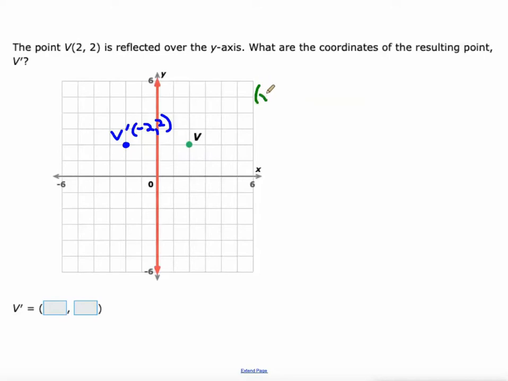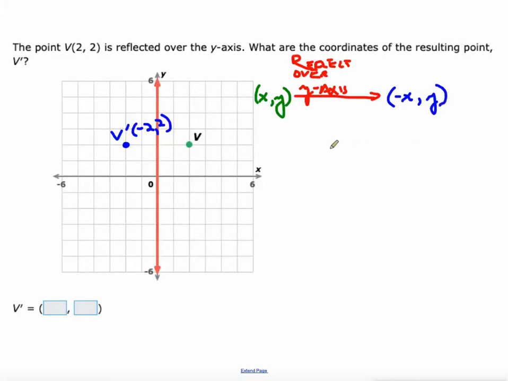So here's the rule on reflections over the y-axis. Reflect over y-axis: x, y becomes -x, y.